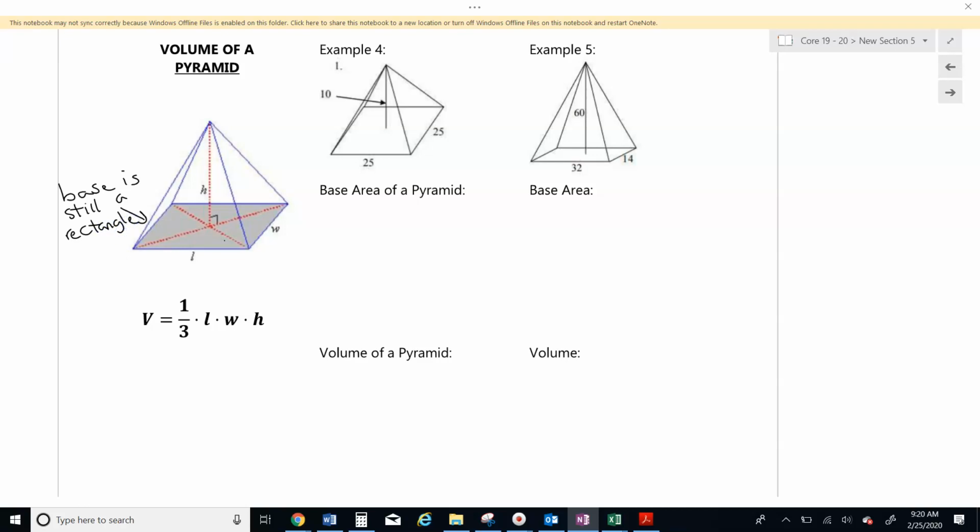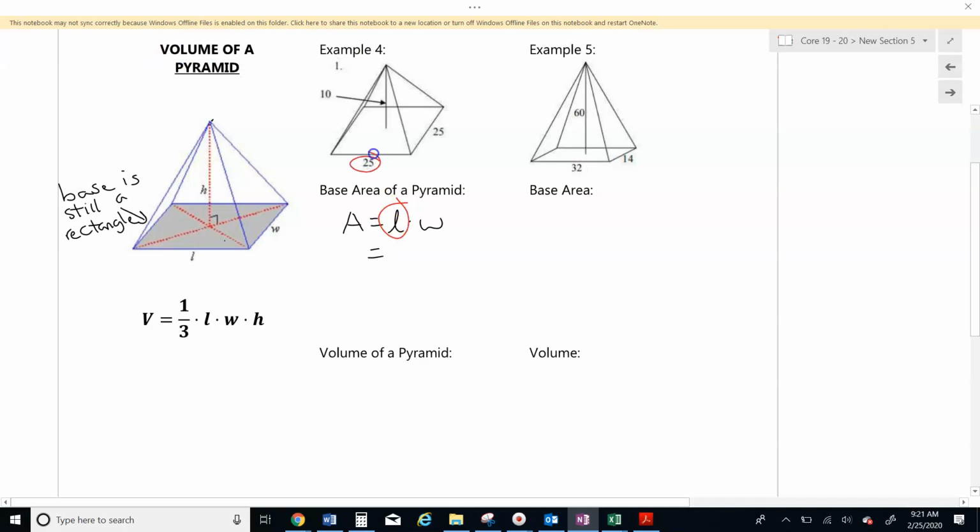Right? But the top is just a point, right? So all the sides meet at this point instead of having a flat top as well. Okay. So for our base area problem here, I'm still going to say area equals length times width, right? Because it's still a rectangle on the bottom.